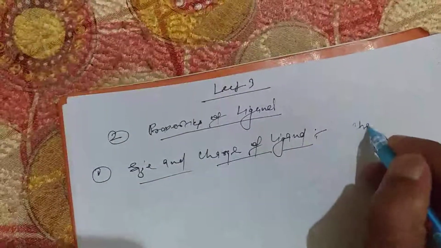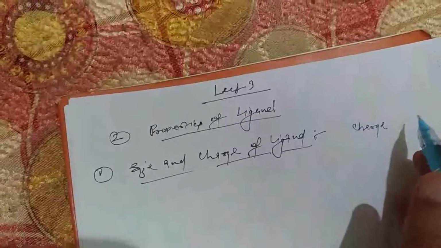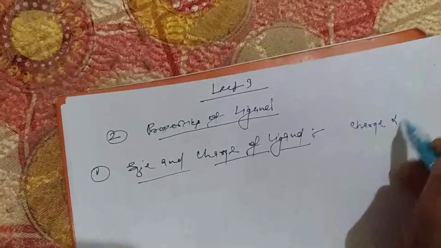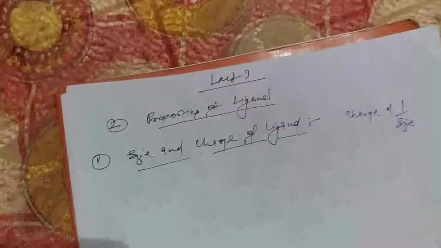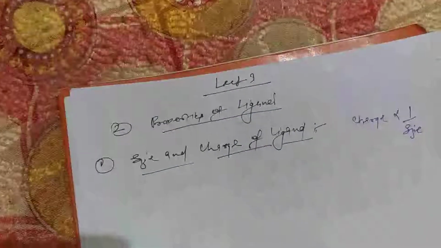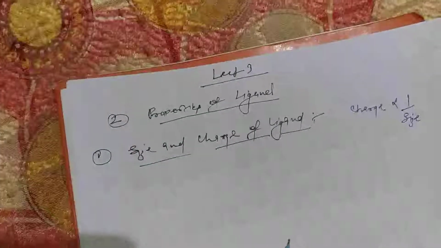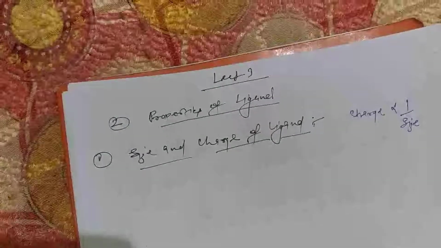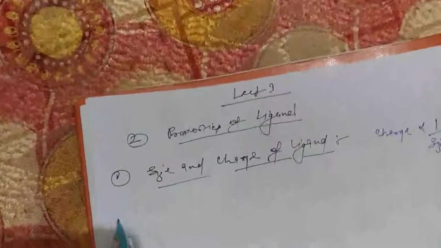That means if an atom has a higher charge, of course its size will be lesser, so both are in inverse relationship. So what we can say is that high charge and small size of ligand leads to formation of stable complex.